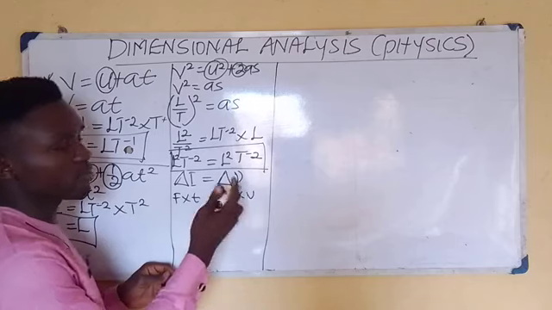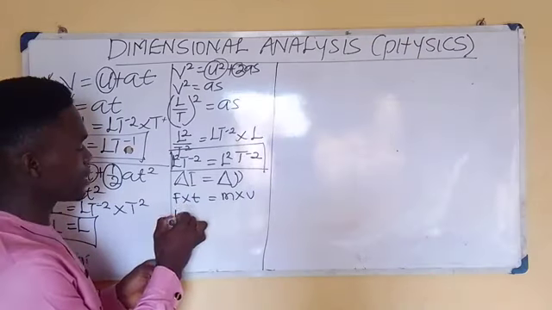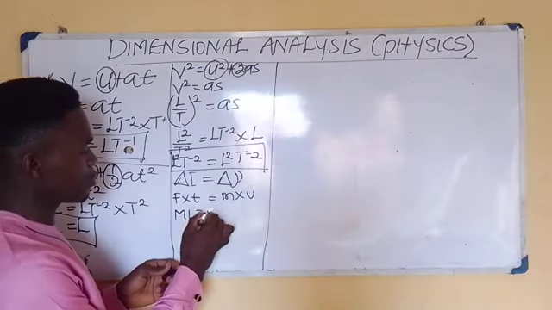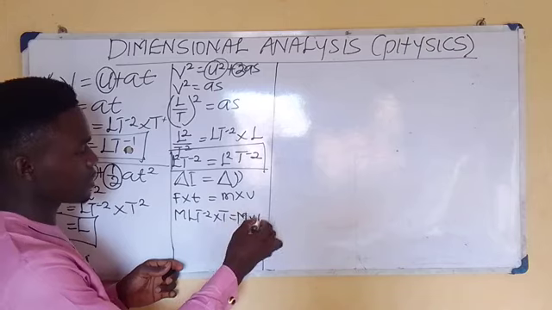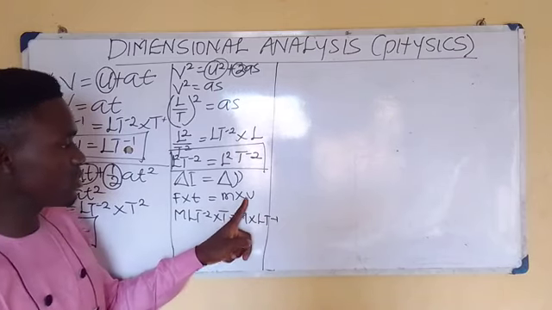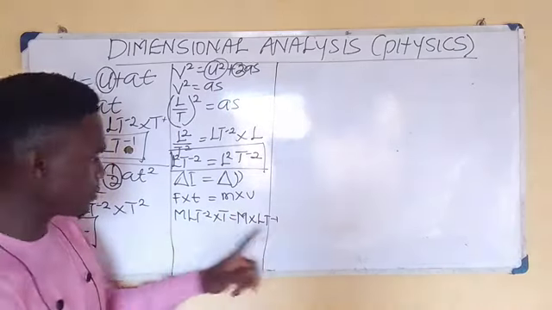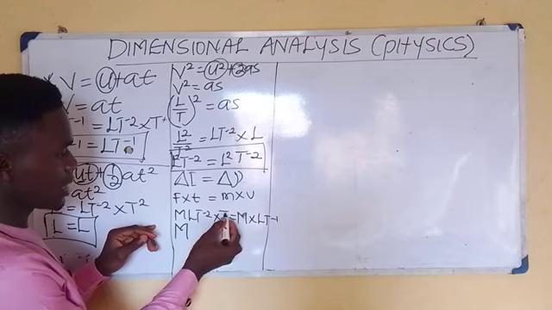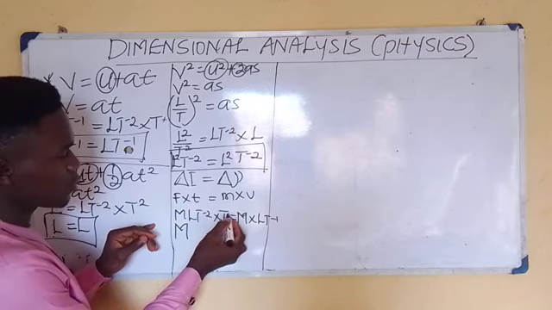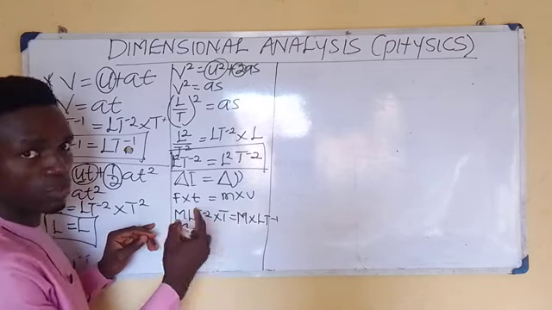Watch. Impulse is force times time. Momentum is mass times velocity. Force is MLT minus 2, times this T, then big letter M times LT minus 1, because velocity is LT minus 1. So I'll now be having M. There's an invisible plus 1 here, so plus 1 minus 2, I have minus 1.